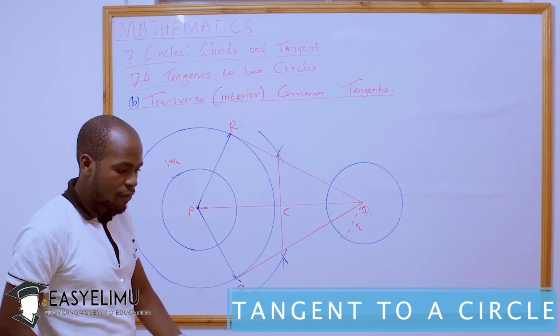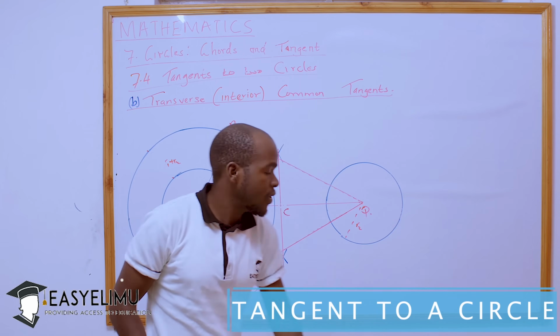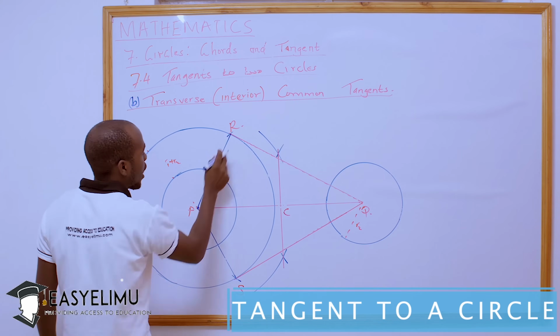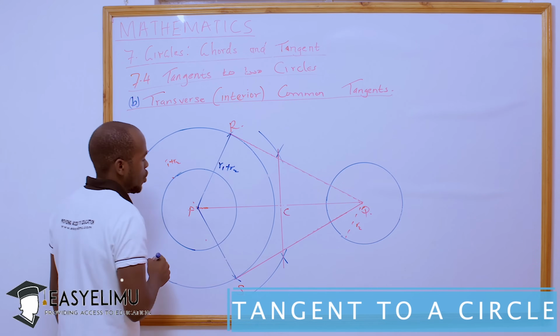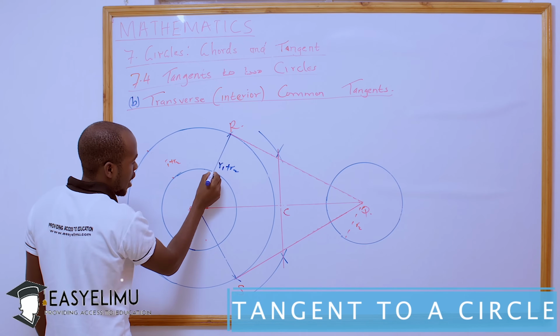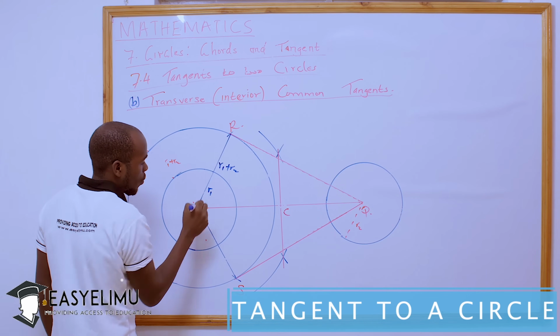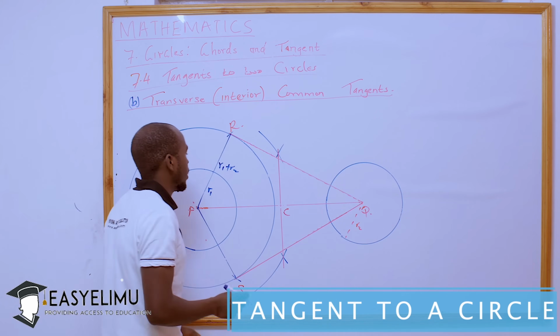From this you will say that PR is what we are referring to as R1 plus R2, whereby this one here will be R1 and here we have R2.